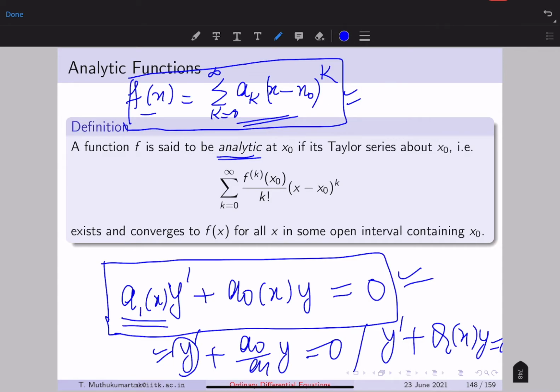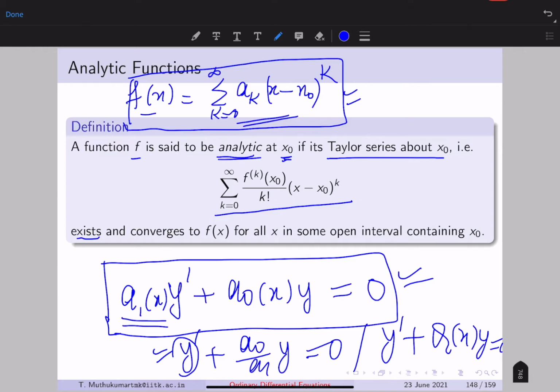A function f is said to be analytic at any point x0 if its Taylor series about x0, which is precisely this, exists. When we say it exists, it means that the function f is infinitely differentiable and can be evaluated at the point x0.